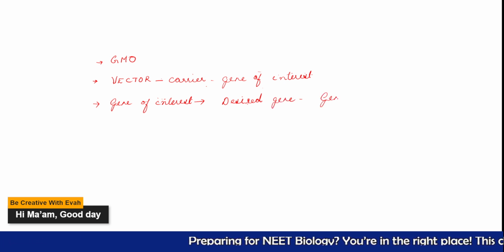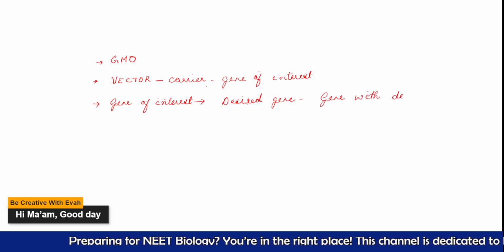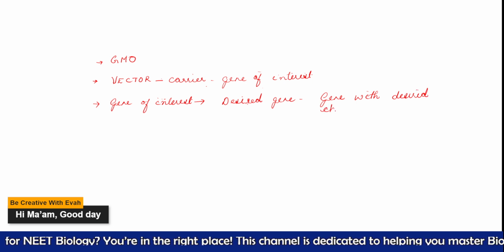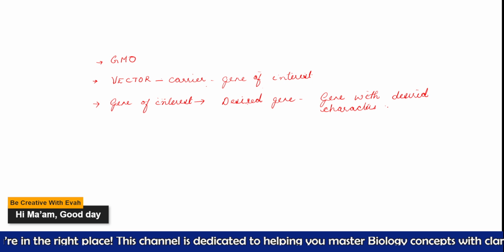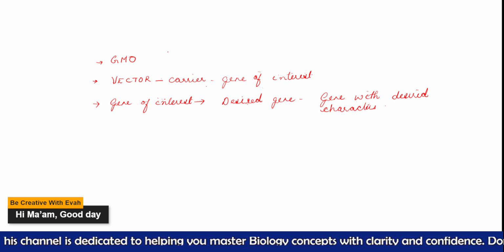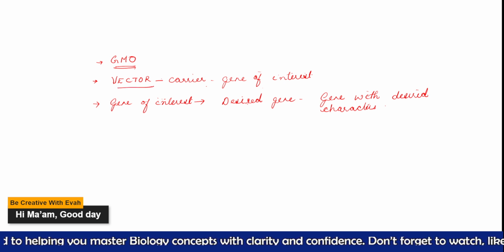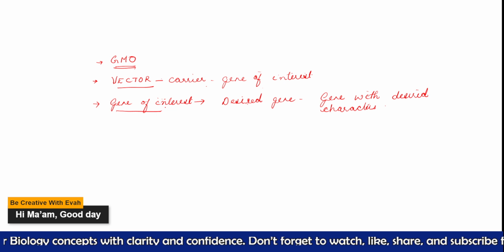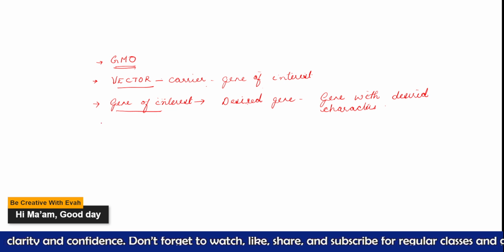A gene with the desired characters is called a desirable gene, or a desired gene, or gene of interest. Okay, so genetically modified organism; vectors are the carriers of the gene of interest; the gene of interest is the gene which carries the specific or desired characters.